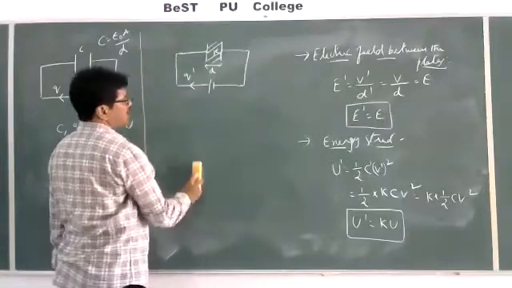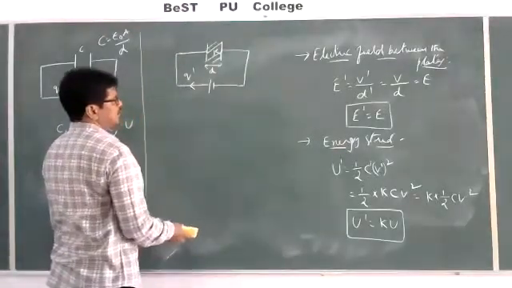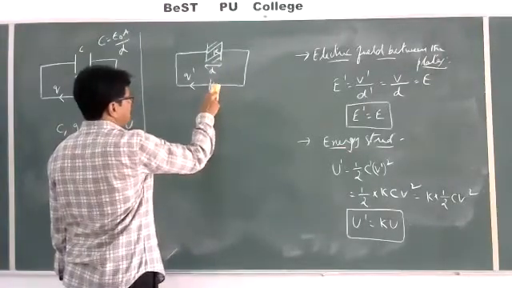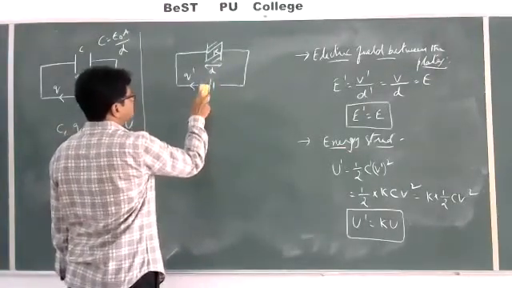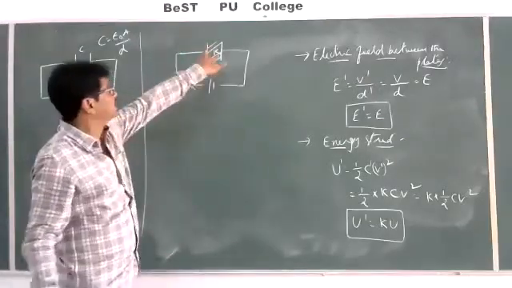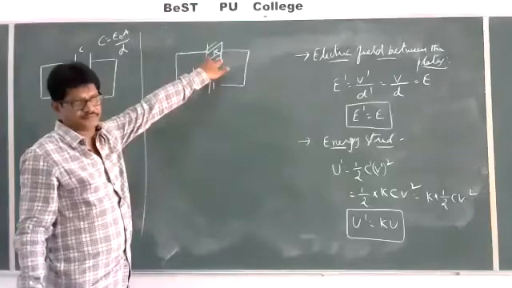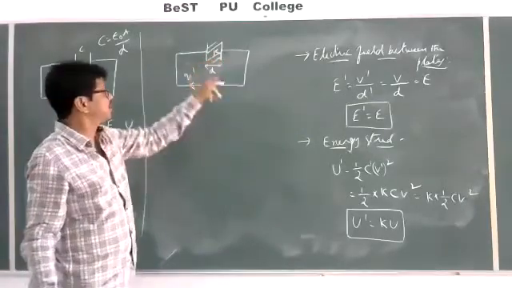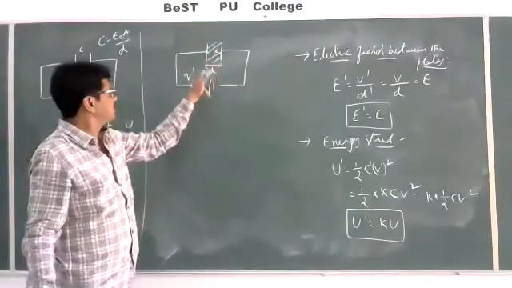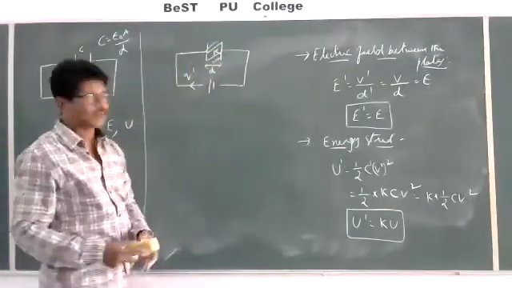Now what he is doing is, he is disconnecting the battery, then he introduces a dielectric. Before, without disconnecting, he introduced a dielectric. Now, after disconnecting, he introduces a dielectric.